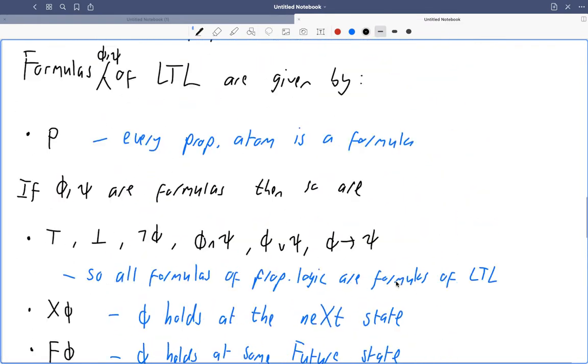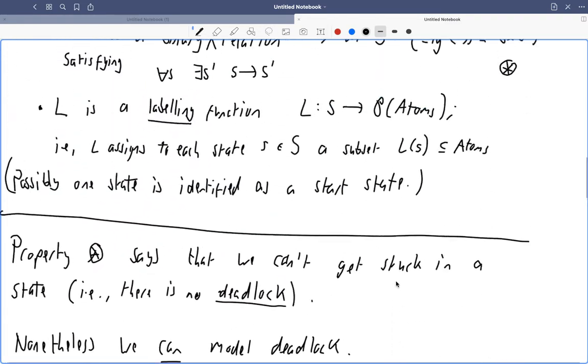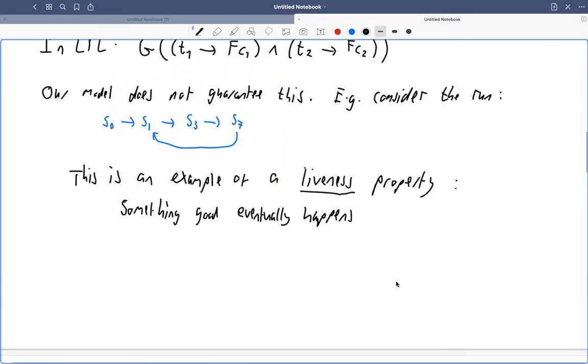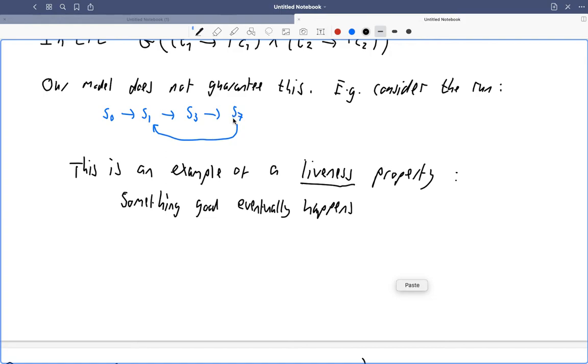We need to go quite a long way back now. This one here, the one that we had before. Let's mark this.